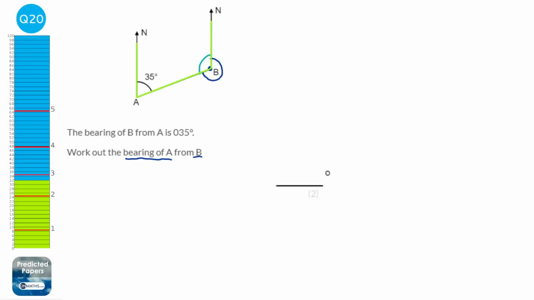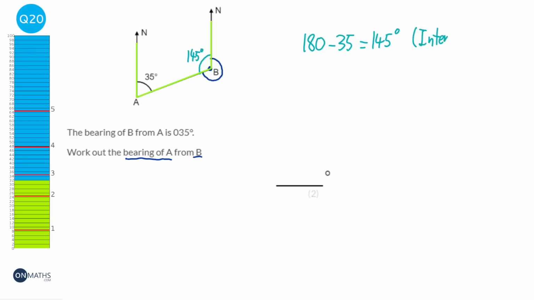So to work out this angle, what we can do is we can do 180, take away 35, and that would give us 145 degrees. And so this will be 145 degrees. And the method we use for that is that they are interior angles.